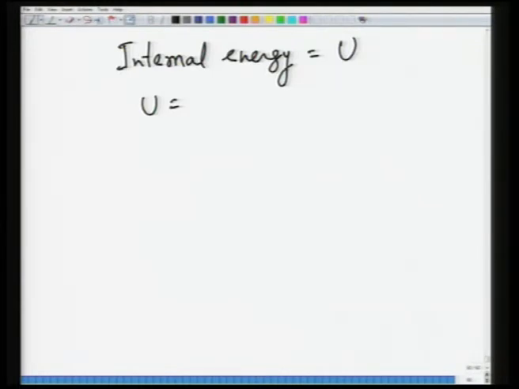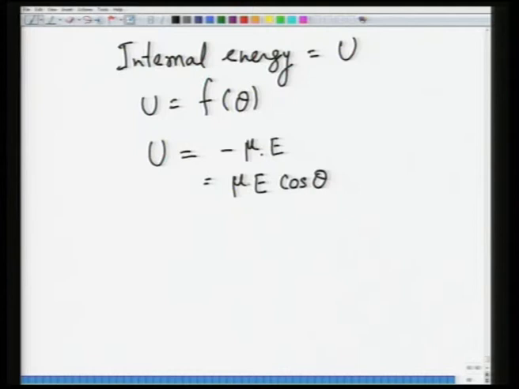So U is a function of theta, and this U can be written as minus mu dot E, or minus mu E cos theta.